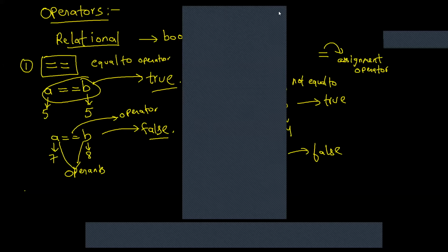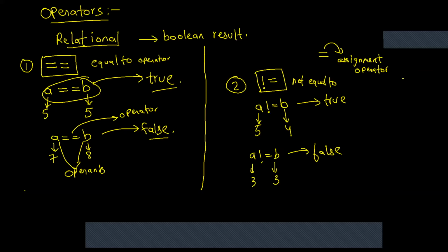Look, if you do a = b, then b's value will go to a, because this is an assignment operator. But if we do a == b, this will return a Boolean value. If both of them have the same value, it will return true, otherwise false. Got it? Cool.